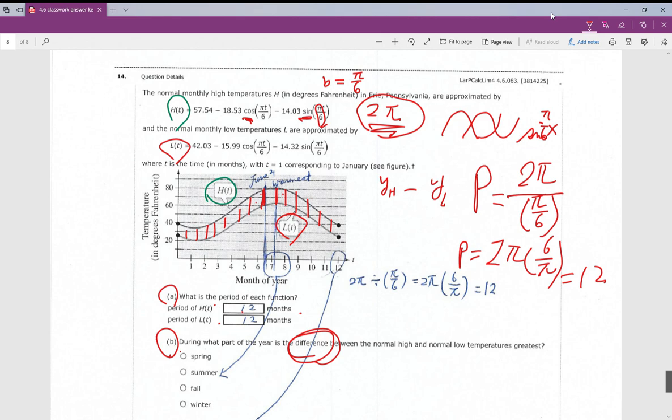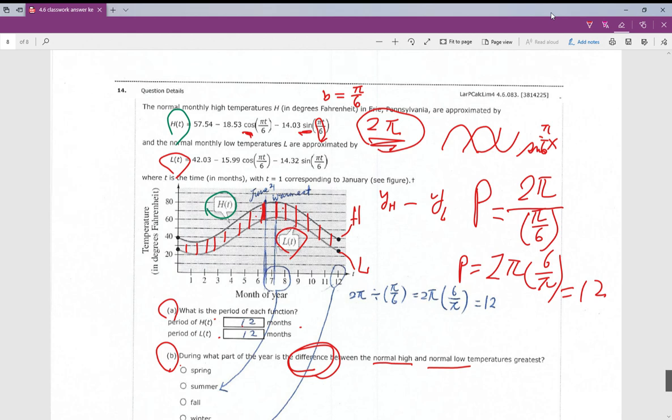And then part B, they ask you to find the difference between the normal high and the normal low. This is normal high, and this is normal low. I remember the question says more. Let me see.